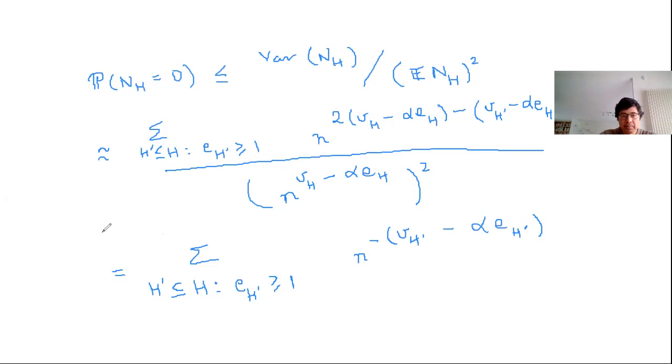Okay, so let me rewrite that on the next page as we continue our calculations. So the probability that NH is 0 is bounded above by a sum over H prime subgraph of H with various properties.